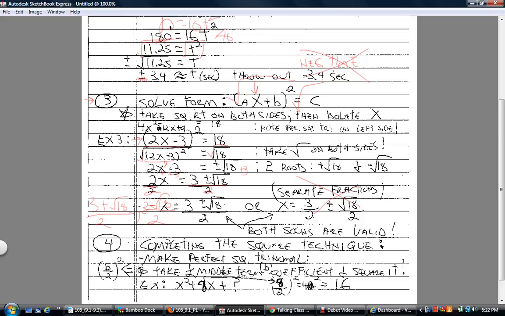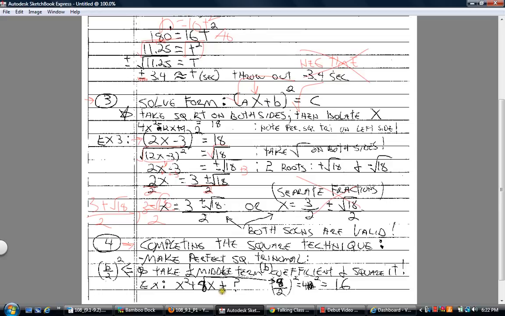Objective number 4, completing the square technique. These are some warm-up exercises. Given x squared plus 8x, what would the last term be to make a perfect square trinomial?